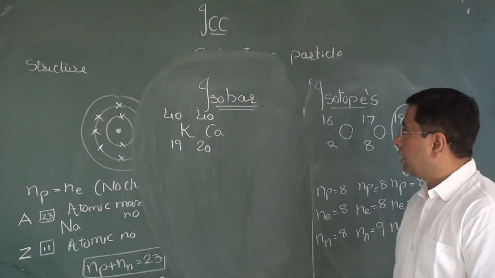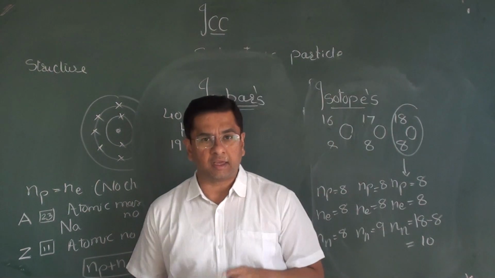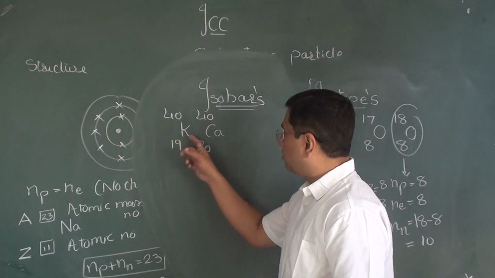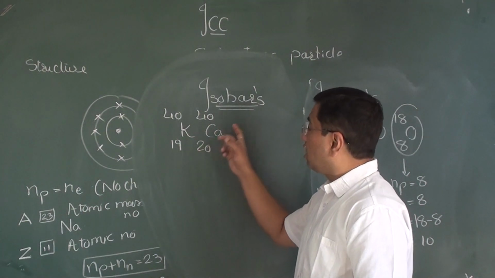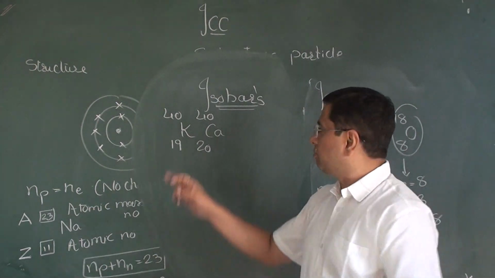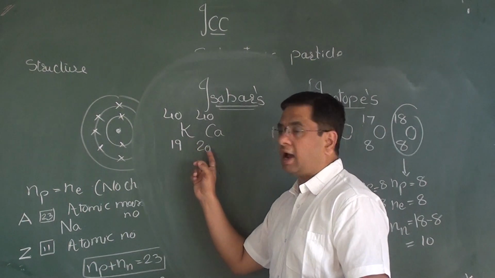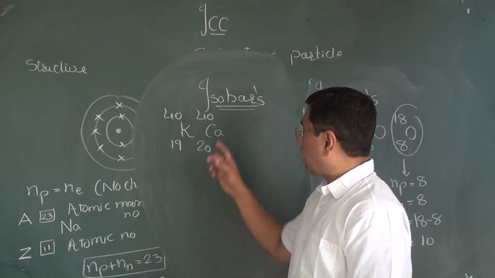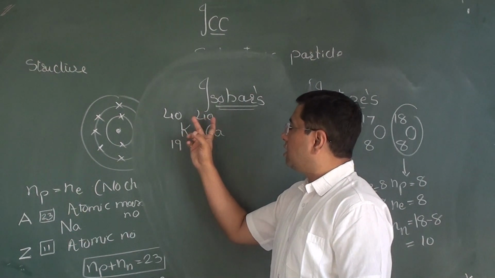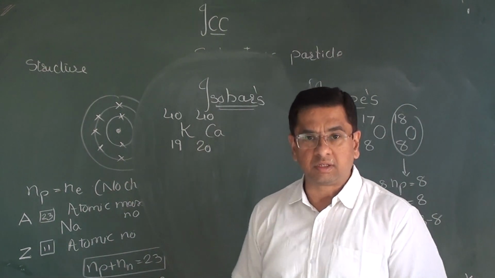These are isobars. Isobars will be of different elements. Isobars have the same atomic mass number but different atomic numbers.